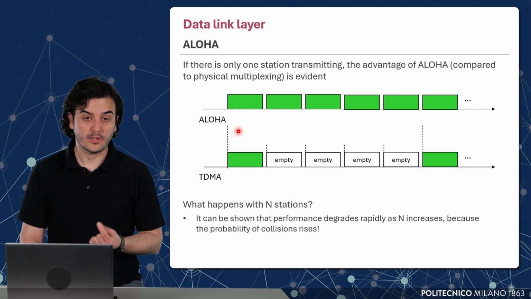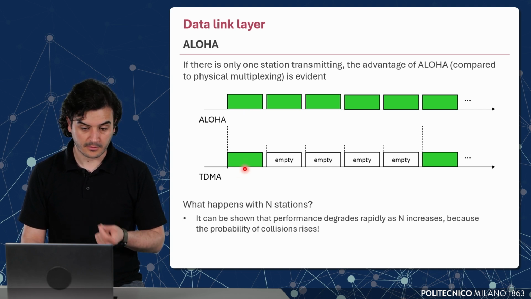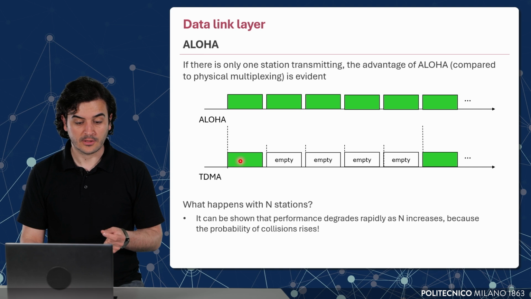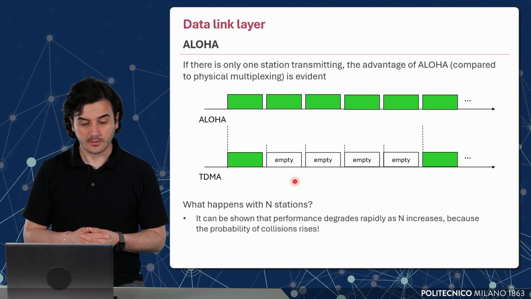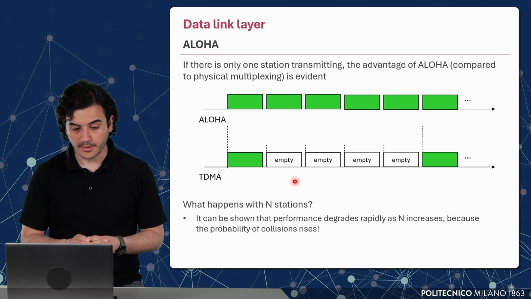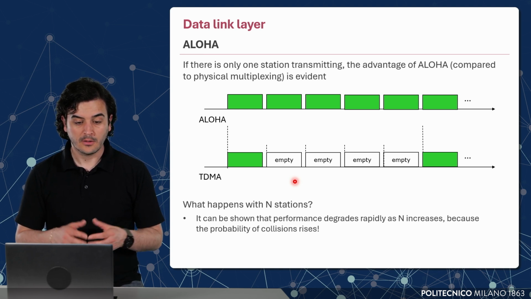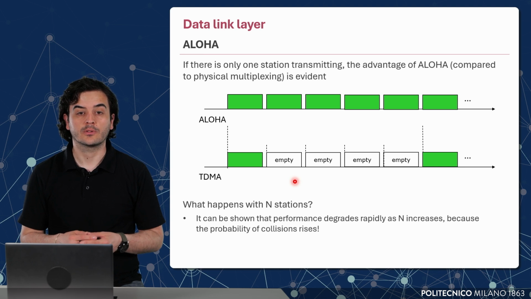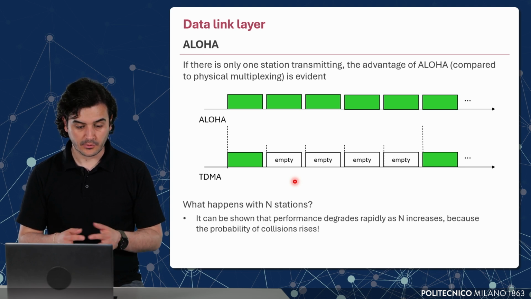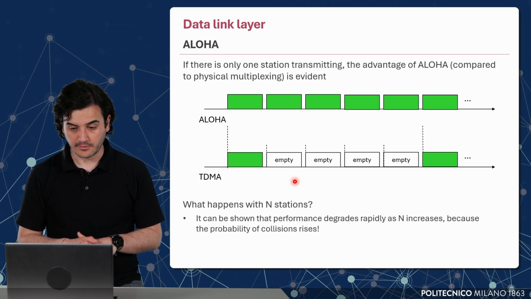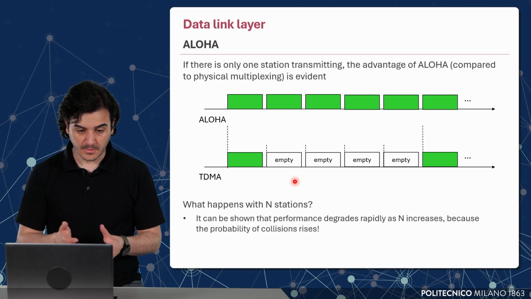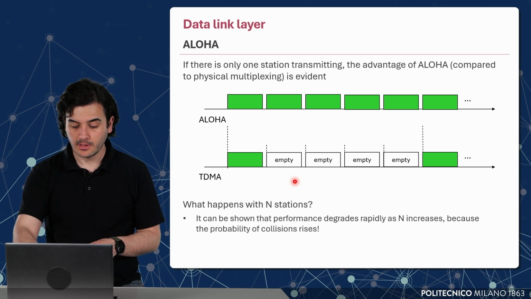Then if the station which has been allocated the first frame transmits only when it's their turn, we have a lot of resources which are not used in a very optimal way. It can also be shown that having a large number of users makes the probability of collision rise significantly. In fact, Aloha has several drawbacks.